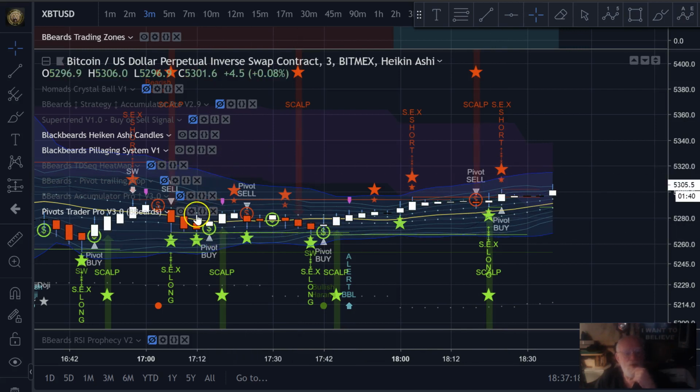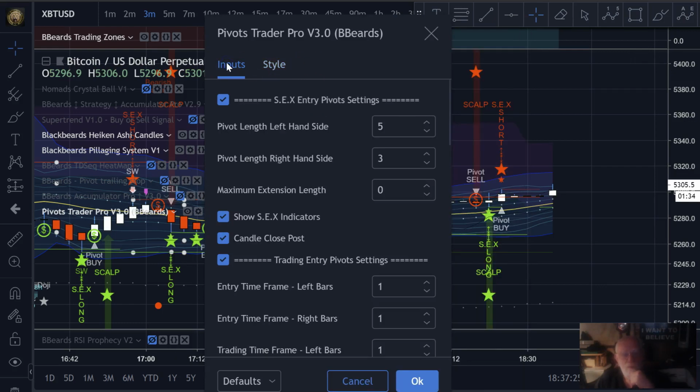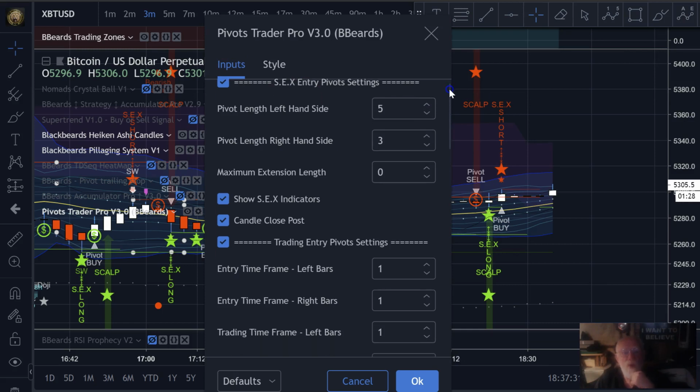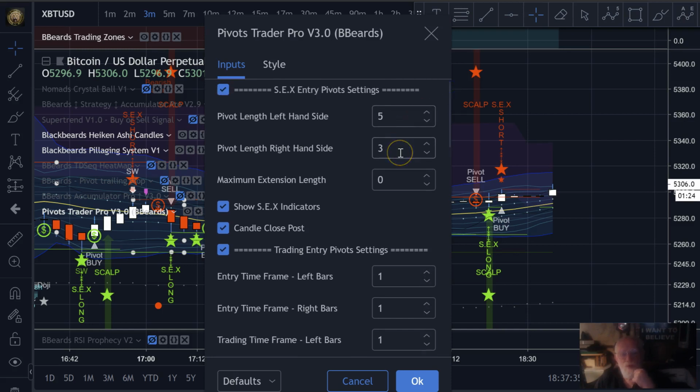So first let's go to settings. This is the way this is set up on the window right now. These settings here move the indicators to the right, the way it looks in the script, to the right and to the left. The smaller the number, the closer together they get.